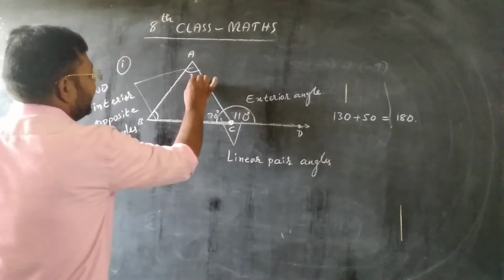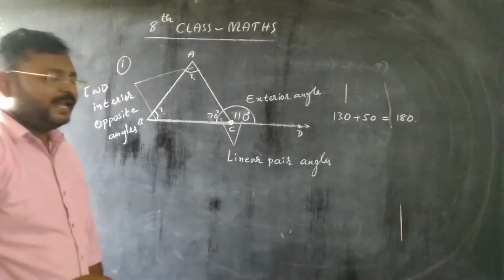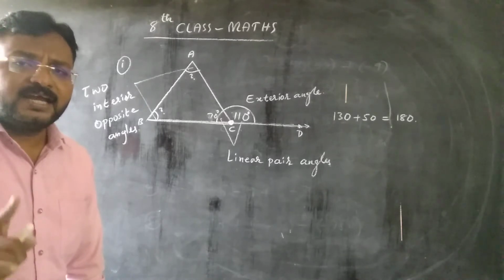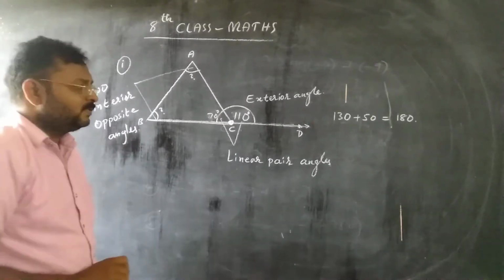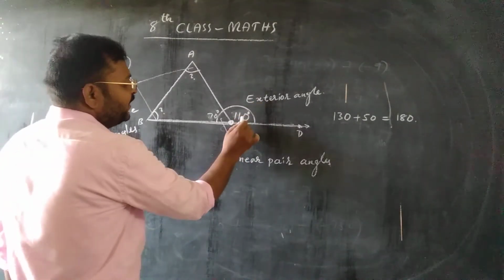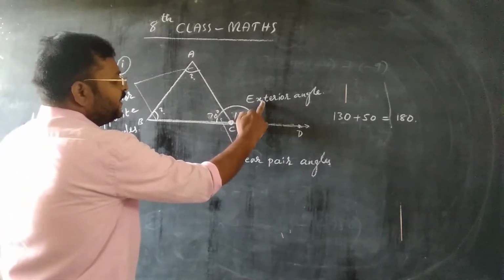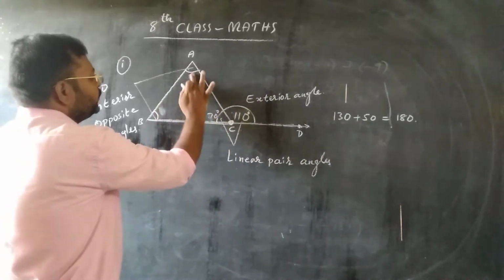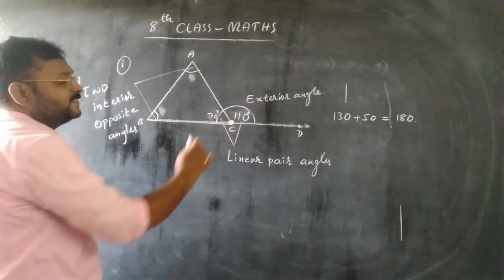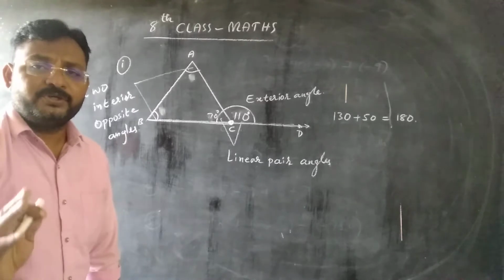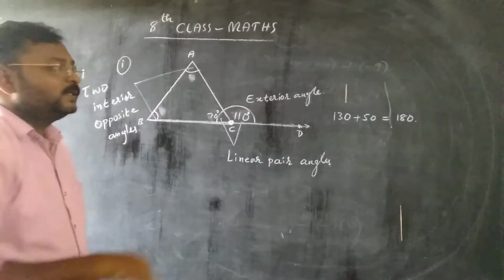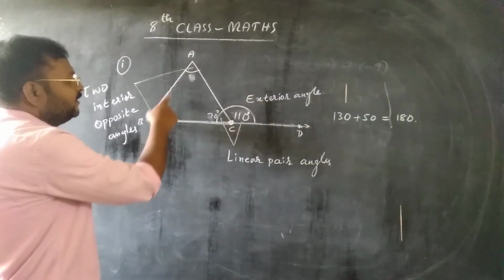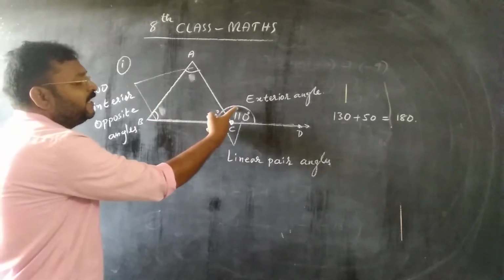What would be angle A and angle B? Can you guess that? I will give you clarity. Here the exterior angle is 110. The sum of these two angles must be equal to 110 degrees. So now you form two angles for angle A and angle B. Their sum is equal to 110.